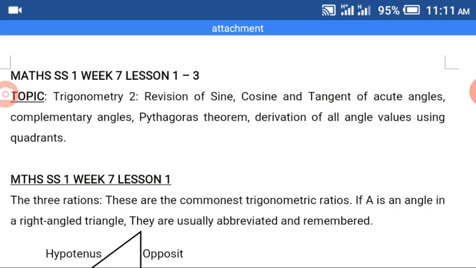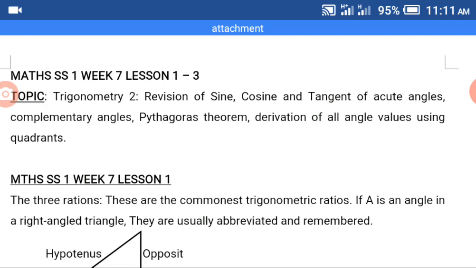So, this is the lesson for the 7th week, and the topic that we are going to look into is trigonometry. We have done trigonometry 1. This is trigonometry 2.